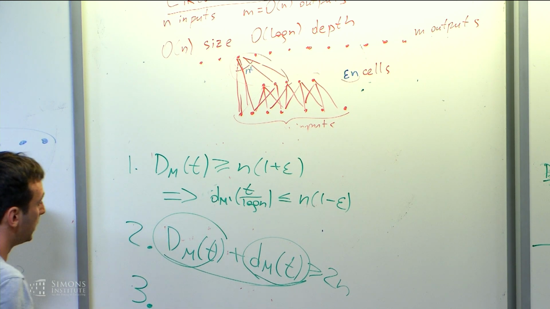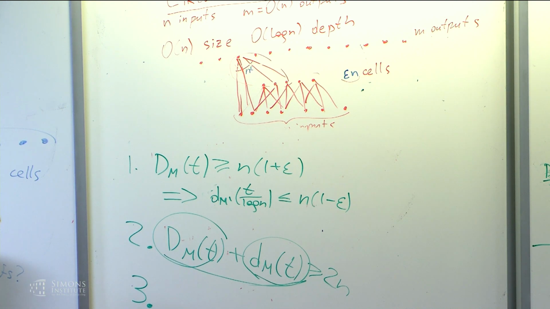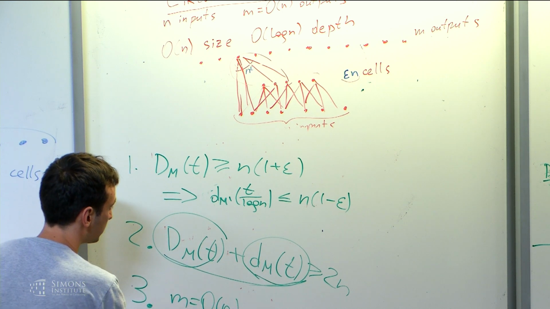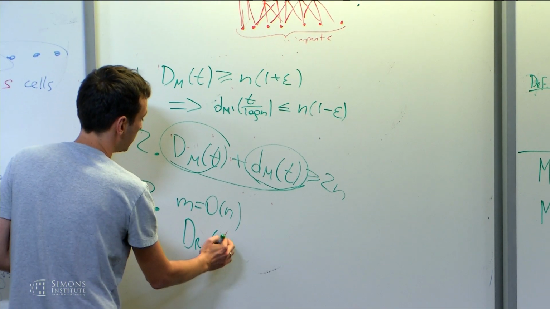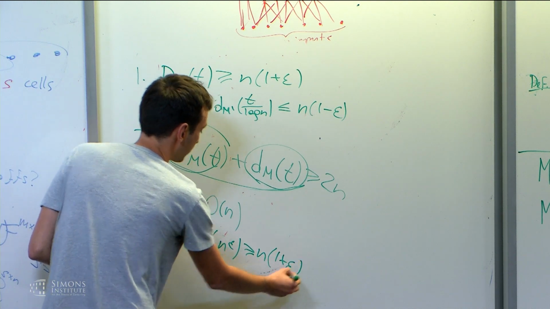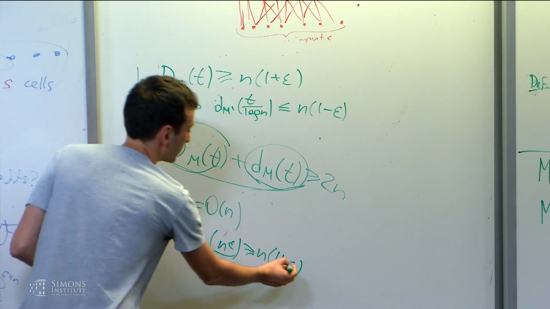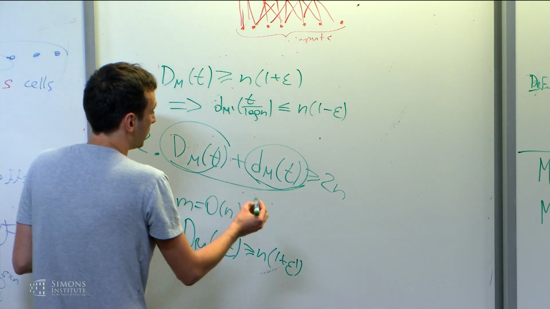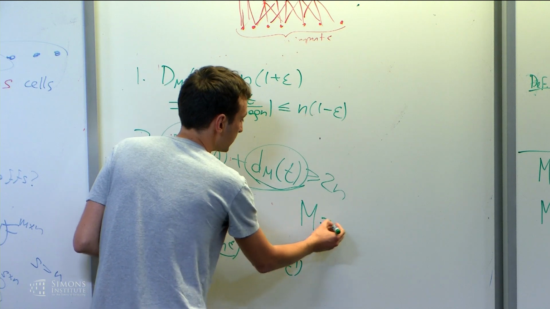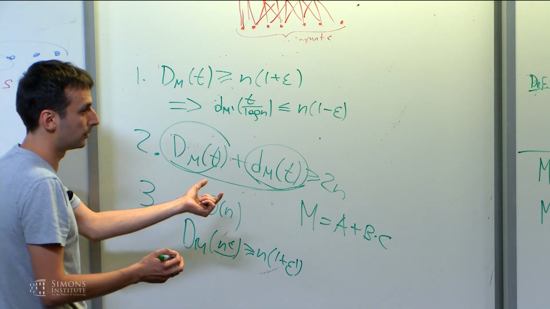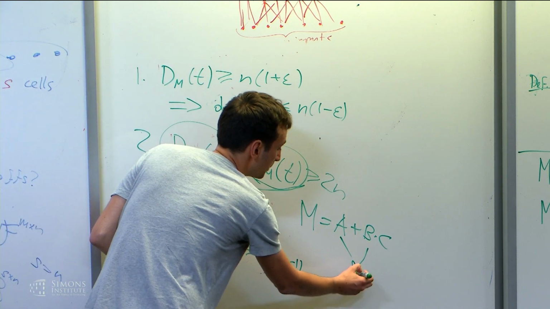For example, if you have a very strong data structure lower bound, for example, if for a linear number of outputs you have a data structure lower bound of n times 1 plus epsilon for the query time n to the epsilon, with different epsilons, then you also get a superlinear circuit lower bound. For this, you just need to show that Valiant's result says that every small circuit gives you the following decomposition, where A and B are both sparse.